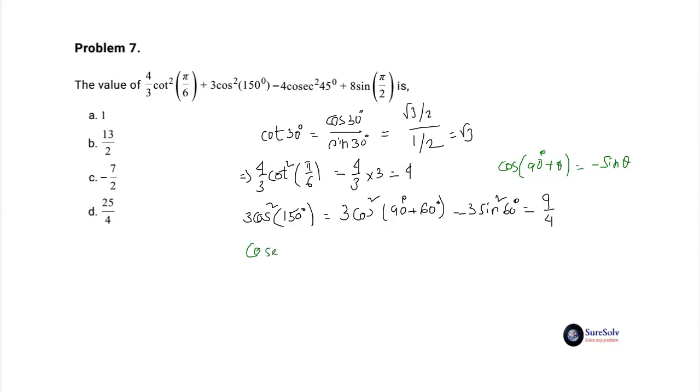Knowing that cosec 45 degree equal to 1 by sin 45 degree equal to root 2, you get the third term value as minus 4 cosec square 45 degree equal to minus 8.